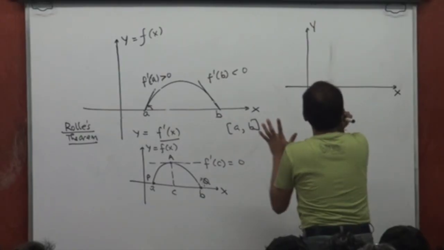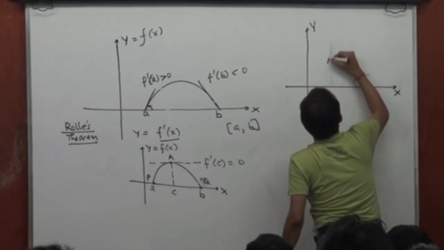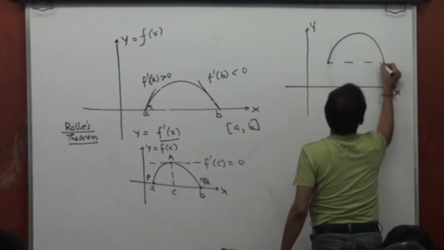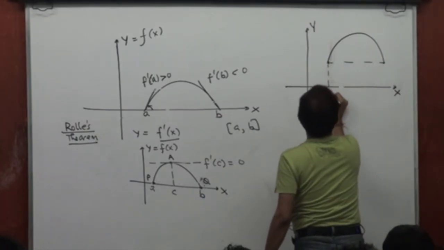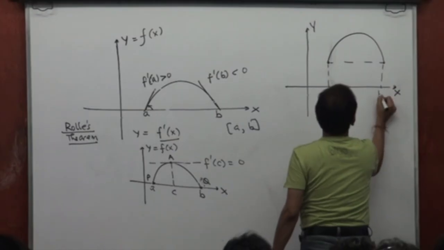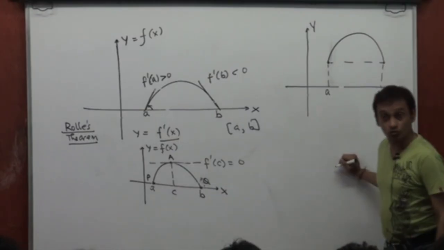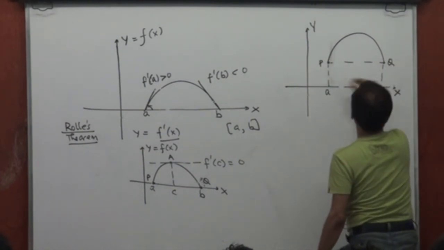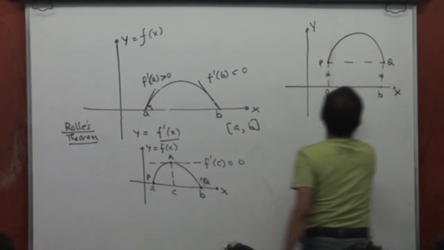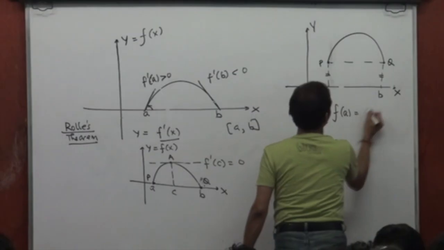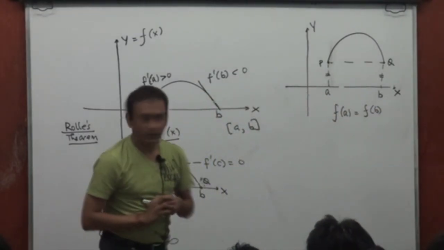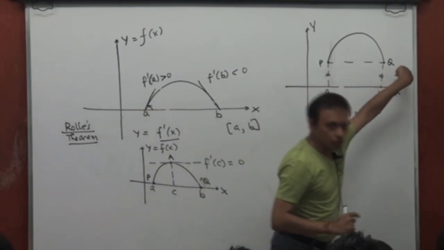So which means now, if this was the curve where FA and FB were not 0. This is FA, this is FB, but they were simply equal. FA was to be equal to FB.